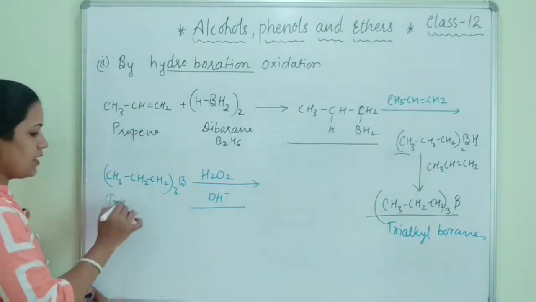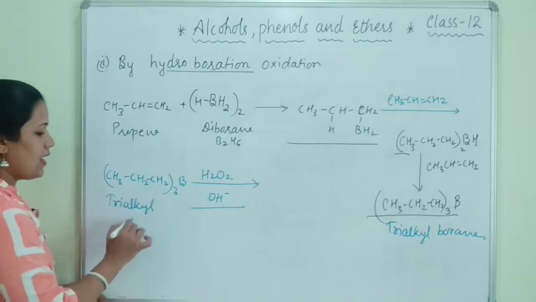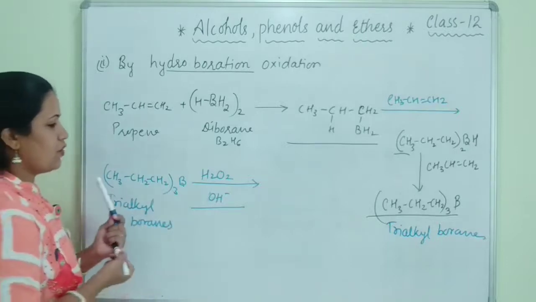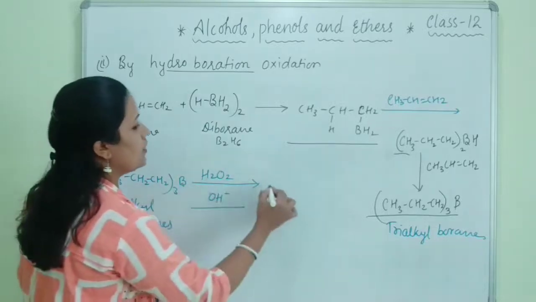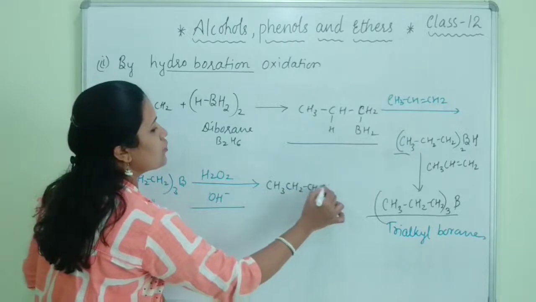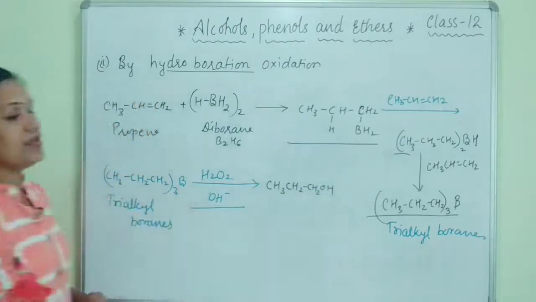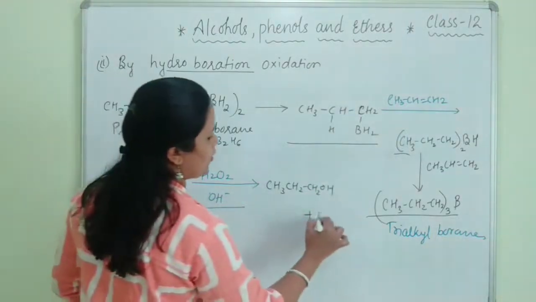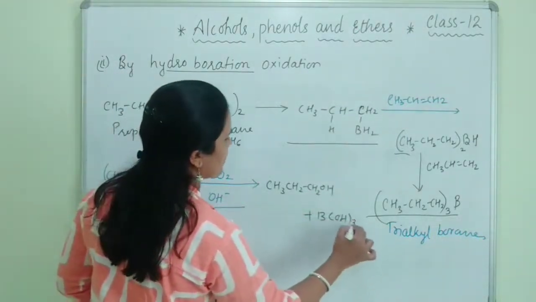So this trialkyl borane reacts with hydrogen peroxide to convert it into CH3 CH2 CH2 OH, and that one is alcohol, and we can get the byproduct in this way.